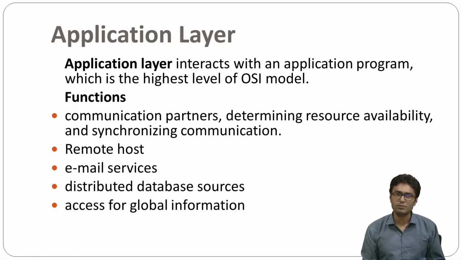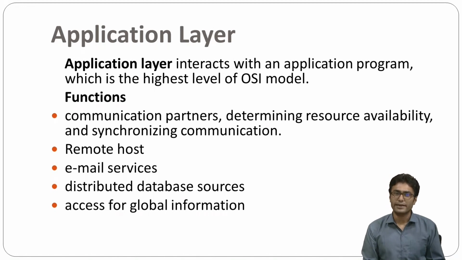Actually it allows users to log on to a remote host. Then this layer provides various email services also. Then this layer offers distributed data resources and access for global information about various objects and services also.